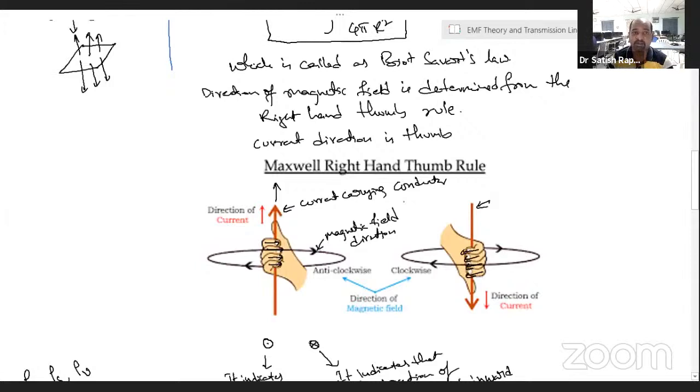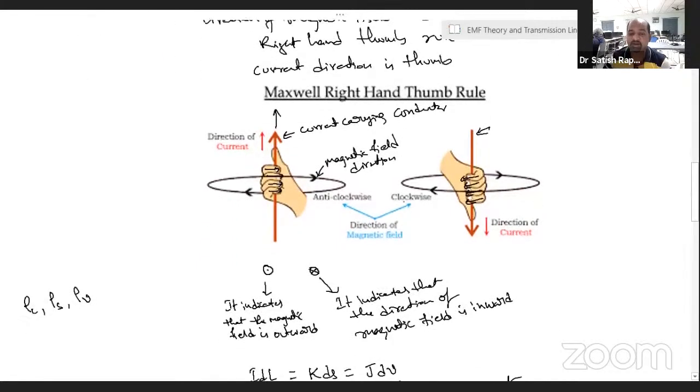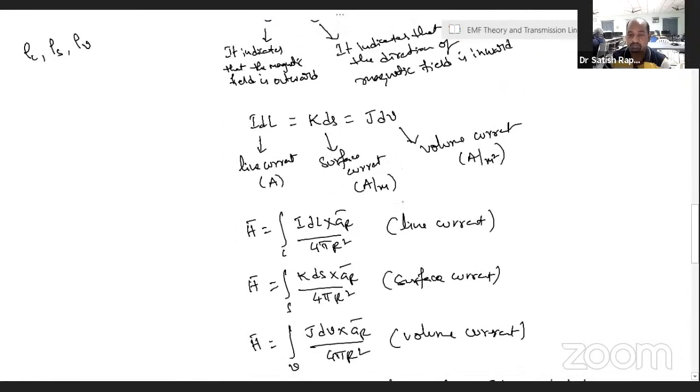So the thumb indicates the direction of the current, and the remaining fingers indicate the direction of the magnetic field. If the current direction changes, the direction of the magnetic field also changes.